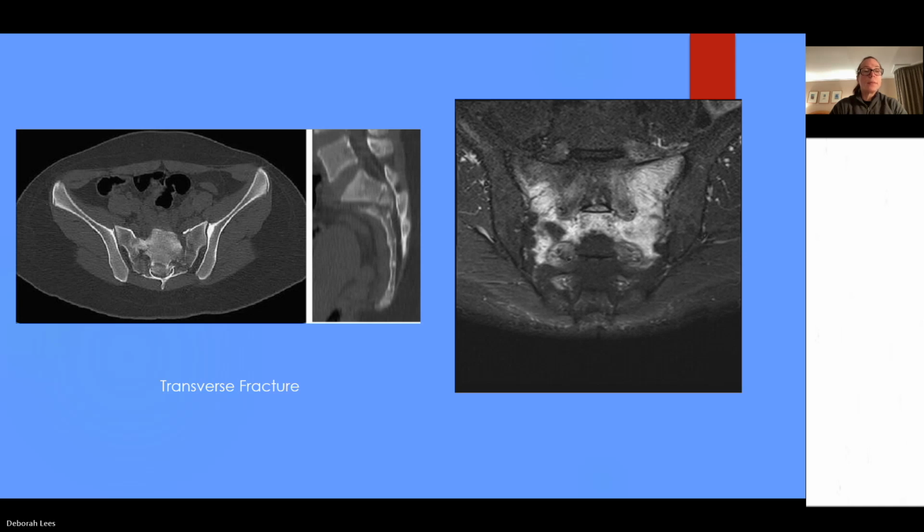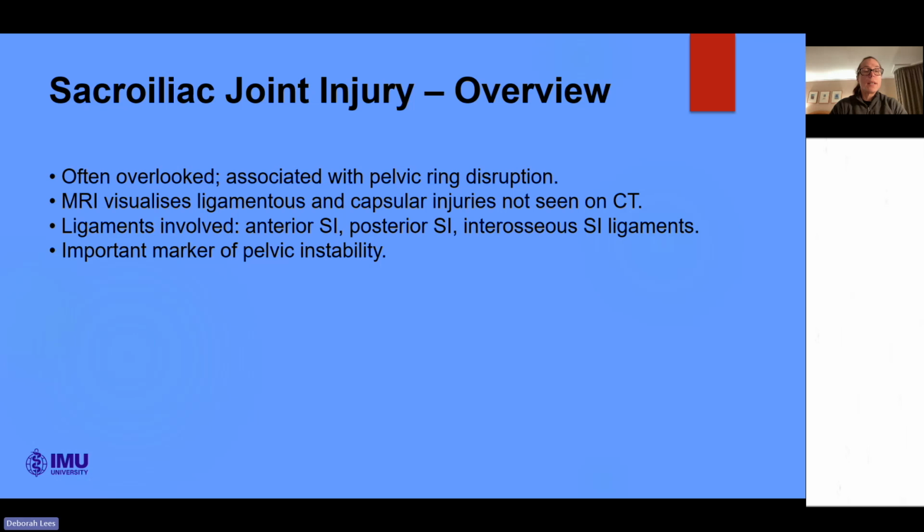Okay, and then your sacroiliac joint injury. So often if we've got an osteoporotic fracture, the fracture will extend or can extend into the sacroiliac joint, but you can have sacroiliac joint disruption with significant trauma. So anytime someone has a pelvic injury, low back injury, we do look at the sacroiliac joint.